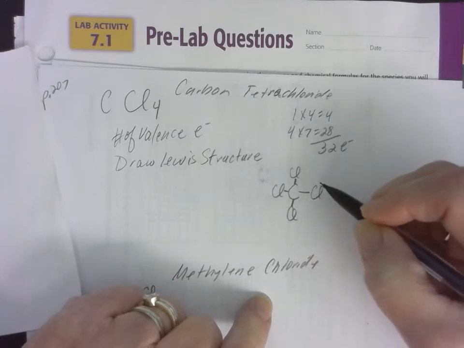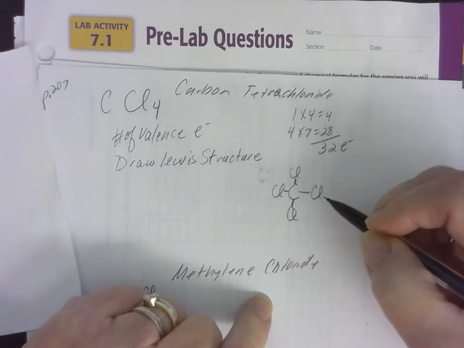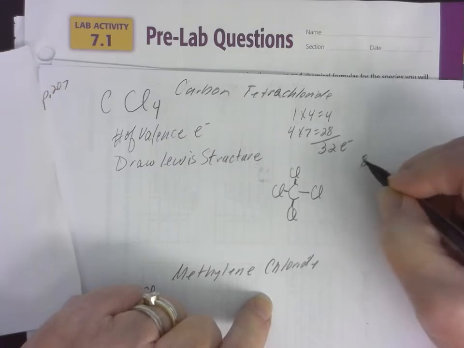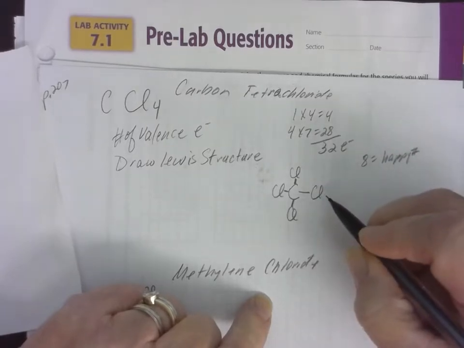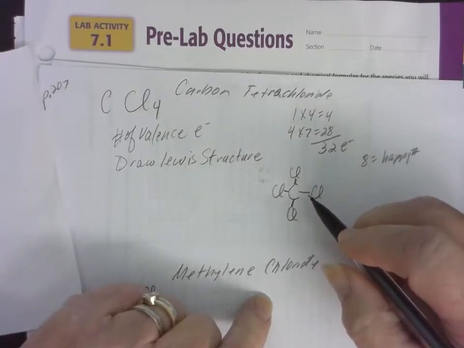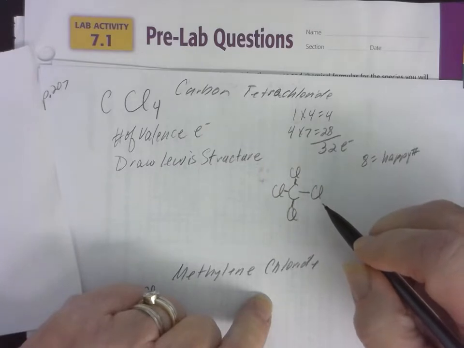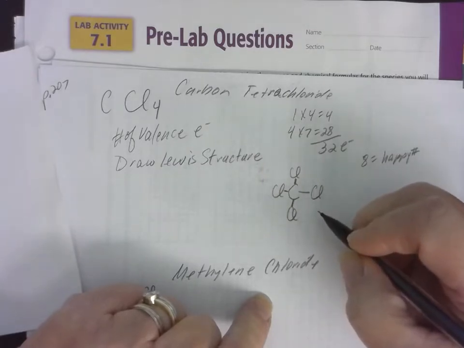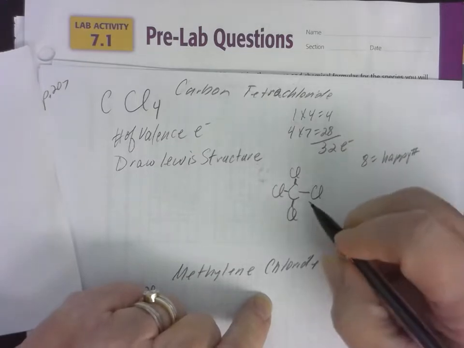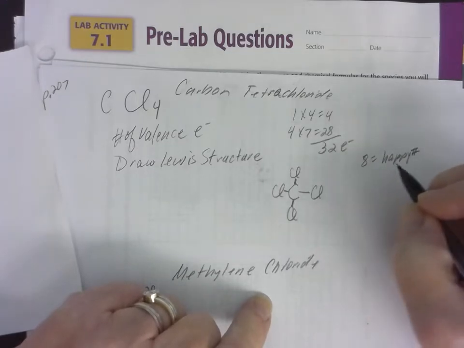Now the chlorine wants a bunch of electrons, and 8 is the happy number. So chlorine wants 8 electrons. It will share some, but likes to hog them and not share. It's just an electron hog because it's so close to fluorine, which is the biggest hog of all. So we're going to put 8 electrons around chlorine.